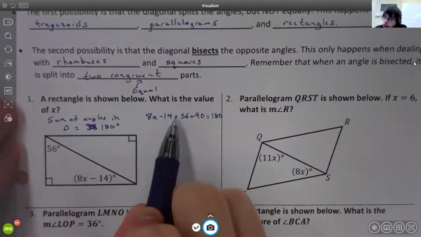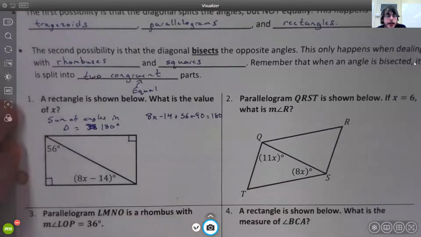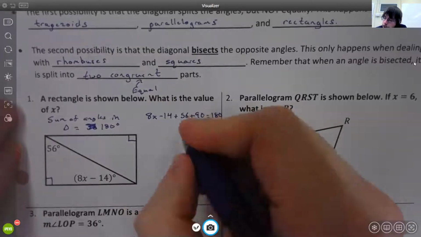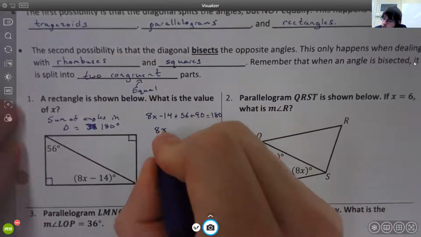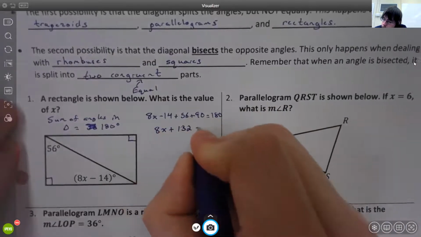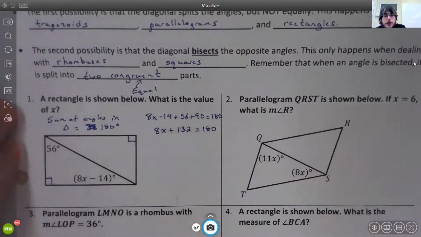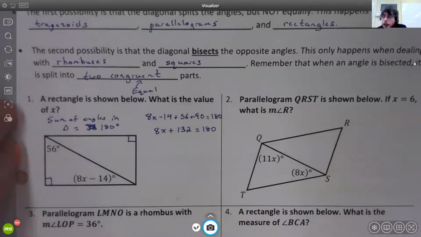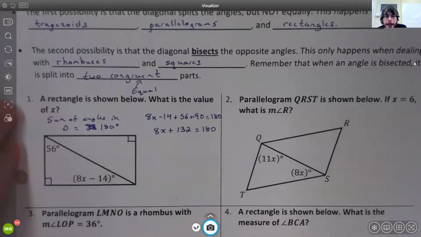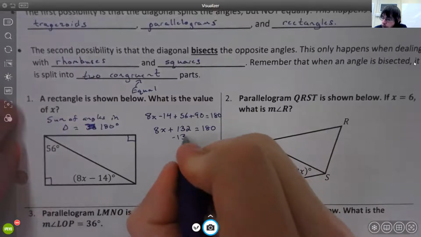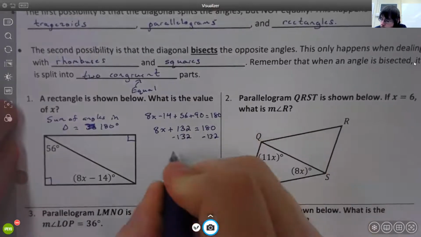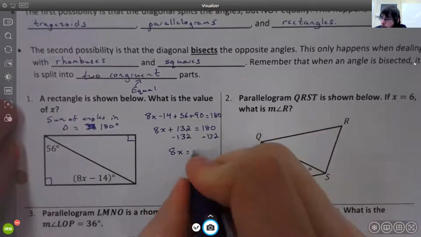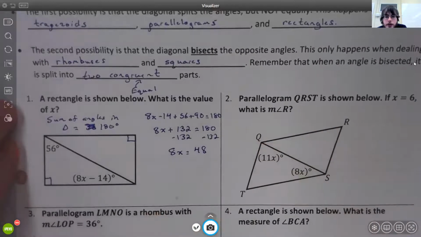So we have negative 14 plus 56 plus 90. When we add all of that together, we get 8x plus 132 is equal to 180. Our next step is to get rid of the 132 to get the 8x by itself. So we subtract 132 from both sides, and we get 8x equals 48.